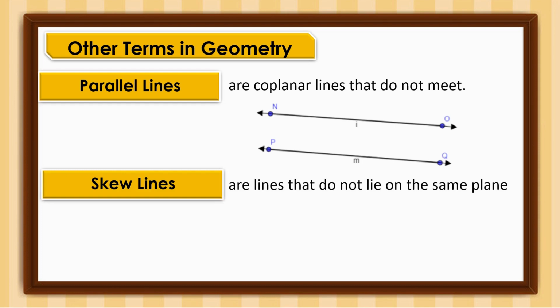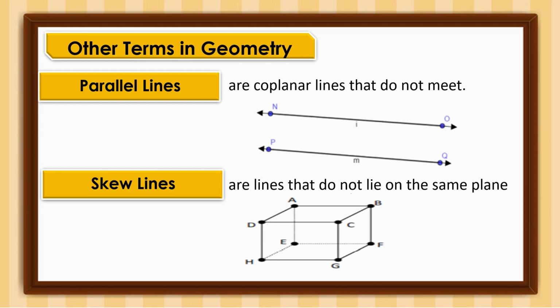When we say skew lines, these are lines that do not lie on the same plane. Example, line HE and line CB, those are skew lines because they do not lie on the same plane. We have here line DA and line HG. Those are skew lines because they do not lie on the same plane.